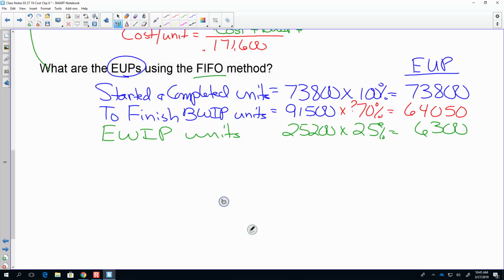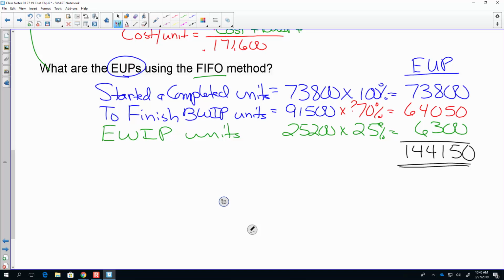We add up 3 then, instead of 2 numbers. And how much do we get equivalent unit-wise? 144,150. Could someone corroborate? That look good? Okay. So that's step 2, right, in our production report.